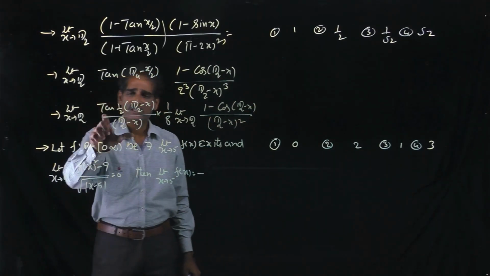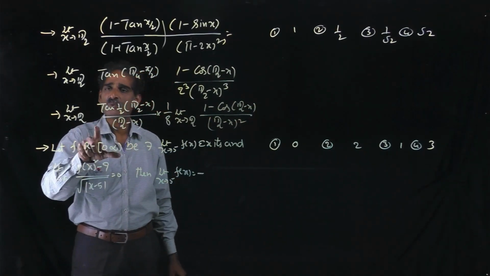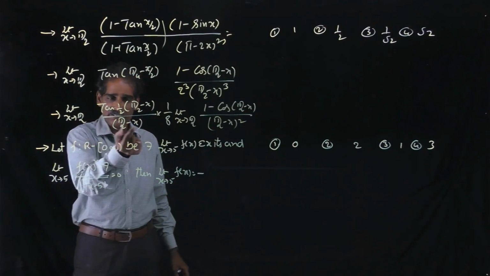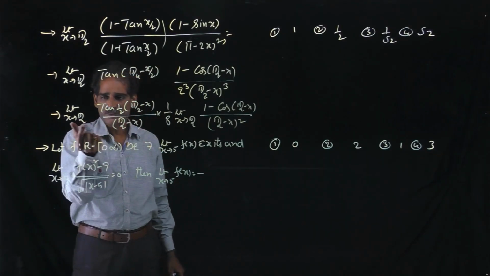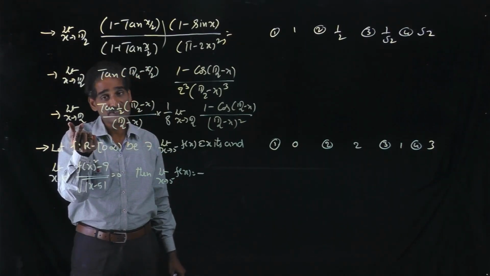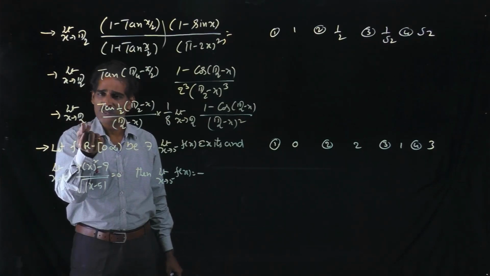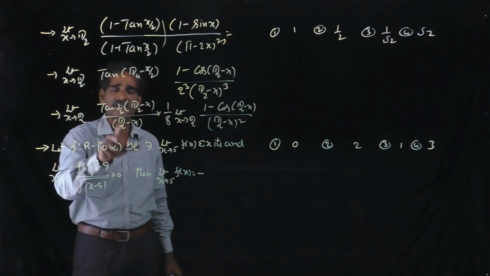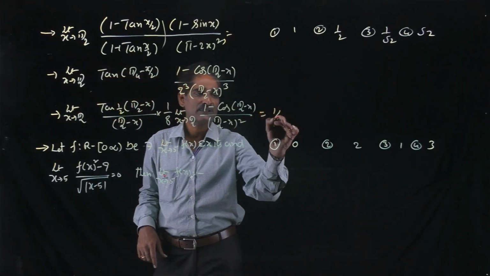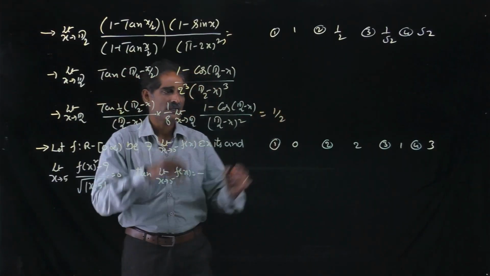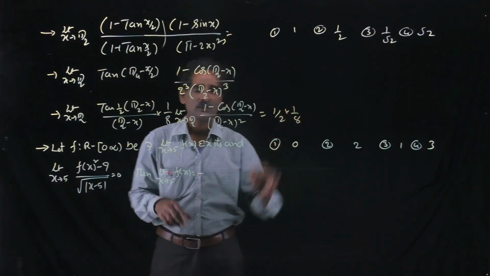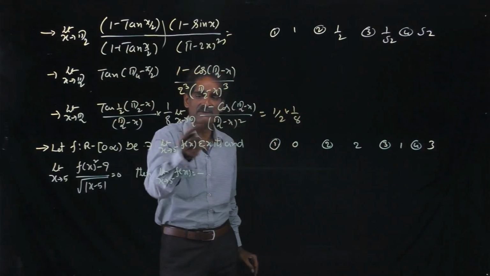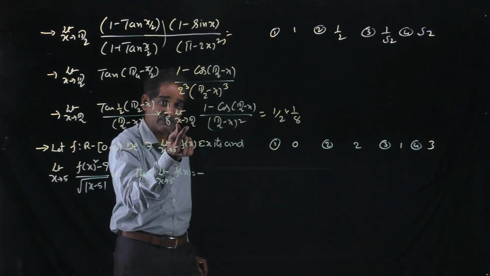Now observe this, tan kx by x, x tends to 0. Here x means 90 minus x. You can write this from this, 90 minus x tends to 0. As x tends to pi by 2, 90 minus x tends to 0. So now it is in the standard form, tan kx by x, that is equal to k. In place of k there is 1 by 2 here, and 1 by 8 also is there. 1 minus cos theta by theta square, as x tends to pi by 2 means 90 minus x tends to 0.